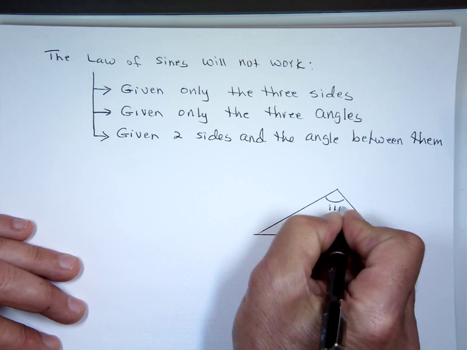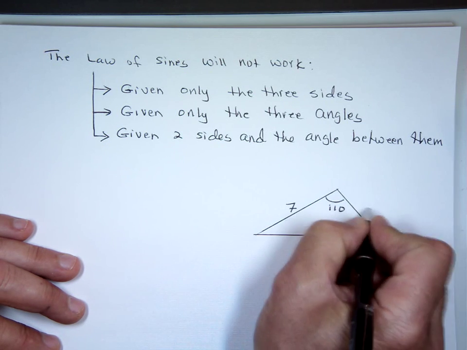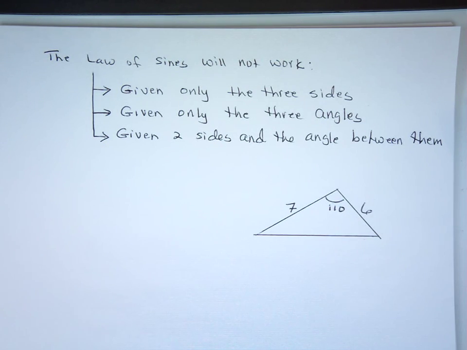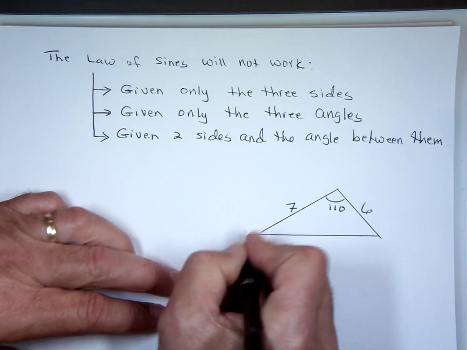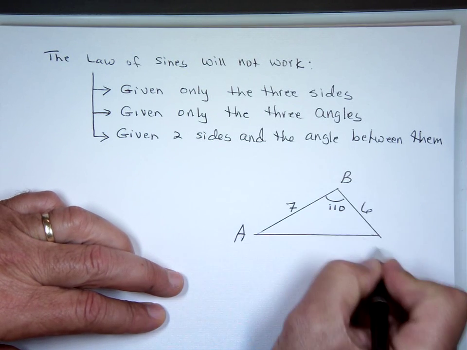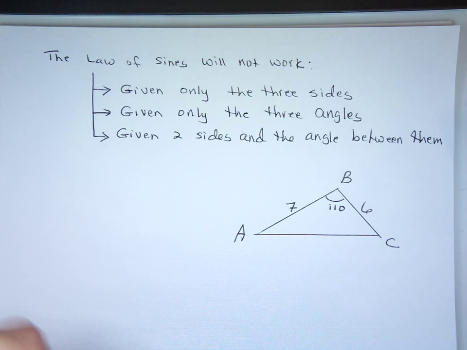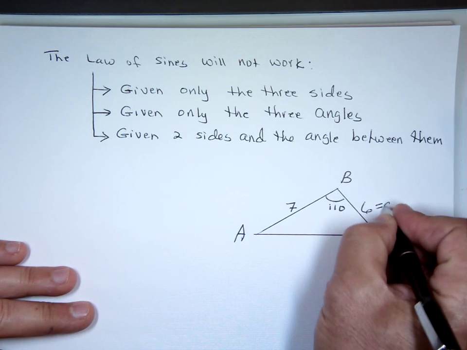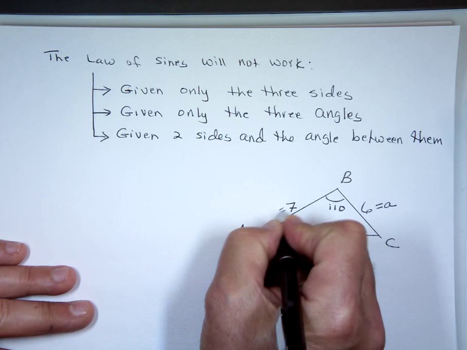This is 7, this is 6. 2 sides and the angle between them, called A, B, and C. That means this is side A, this is side C, this is side B.